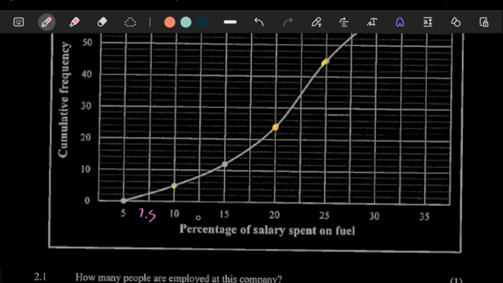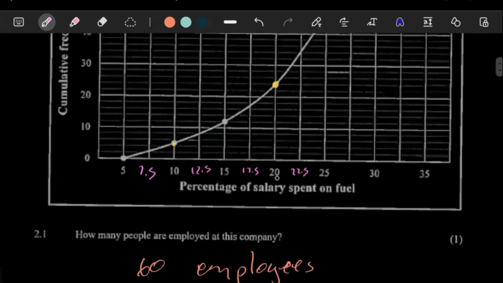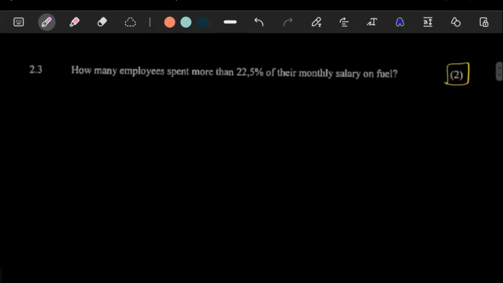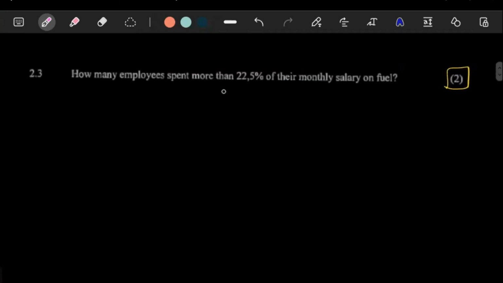In the middle here, you have like 12.5. And then in the middle here, you have like 17.5. In the middle here, you have like 22.5. So what they're saying is they want you to estimate the number of employees that have more than 22.5% of their monthly salary on fuel.